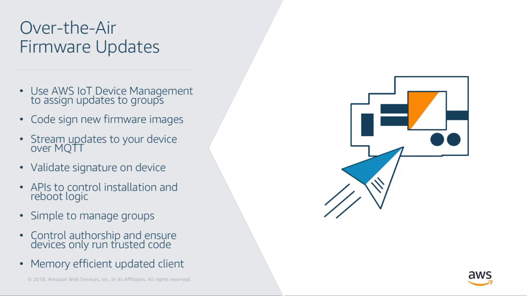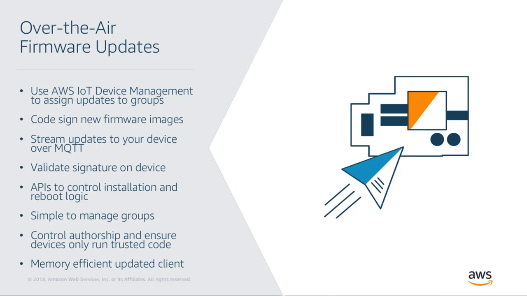The most important properties of the over-the-air updates mechanism with FreeRTOS are, first, security. Updates have to be signed by an integrated code signer, streamed to the device across a TLS protected connection, and then verified on the target device in order to guard against corrupted, unauthorized or fraudulent updates.